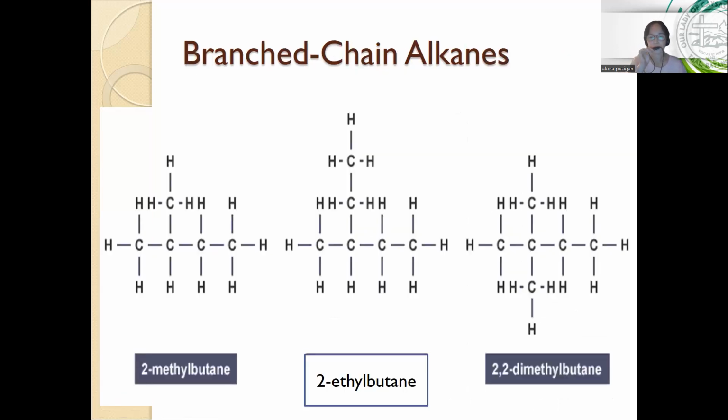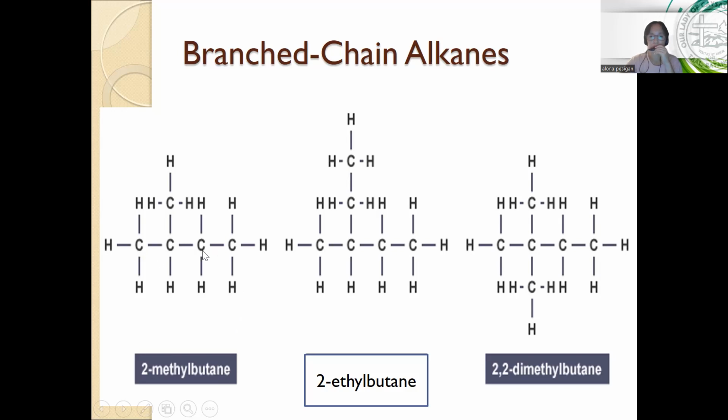Okay, what about the branched chain alkane? You will see in these examples that the hydrogen is actually replaced by a substituent. Okay, and in naming, we cannot just simply name them as butane.